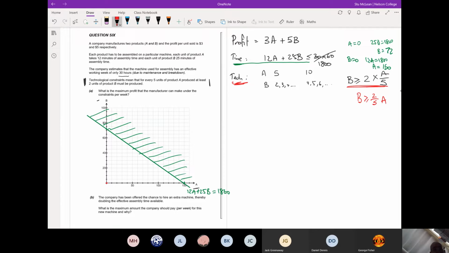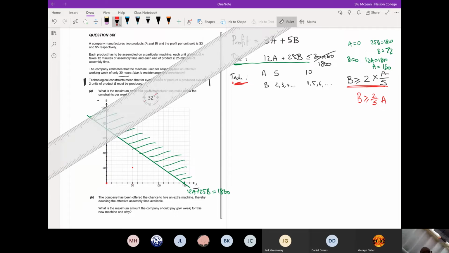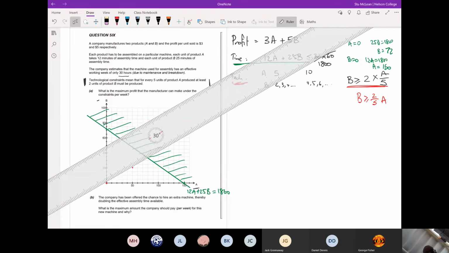So if I go across 50, I go up 20. The scale here is not quite even, but that will give me my gradient of 2/5. And I put my ruler on.